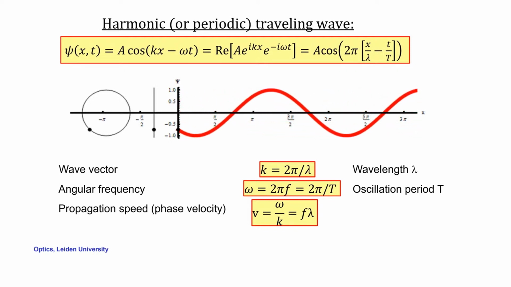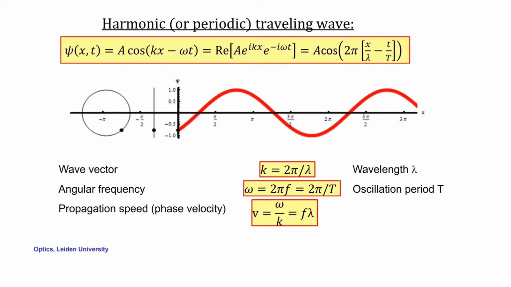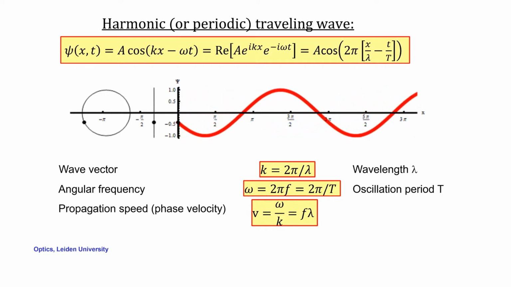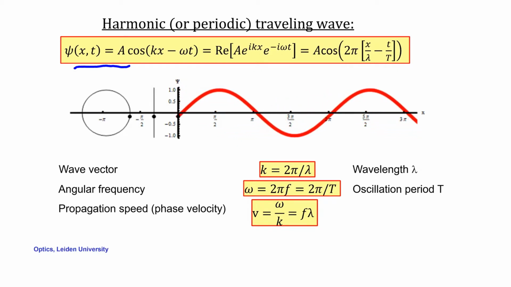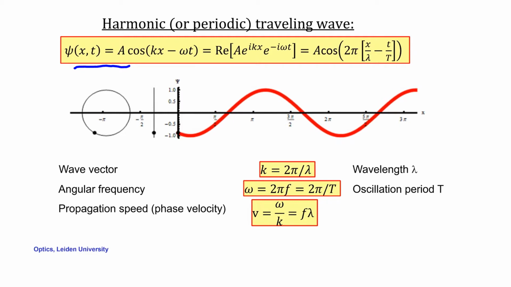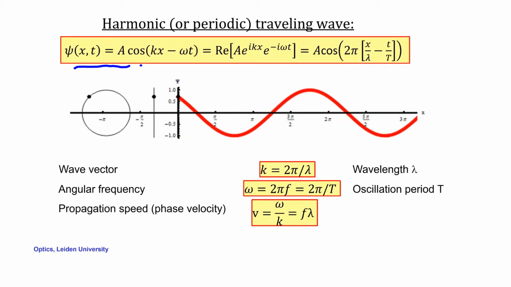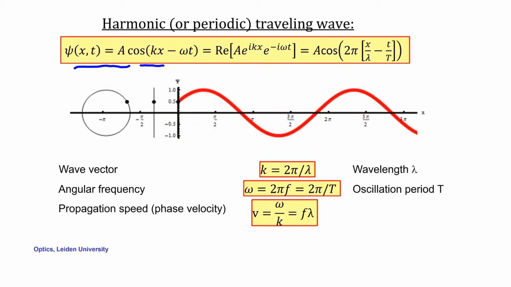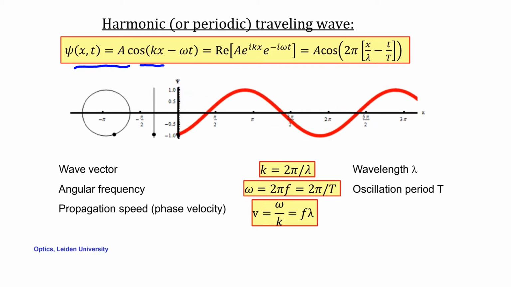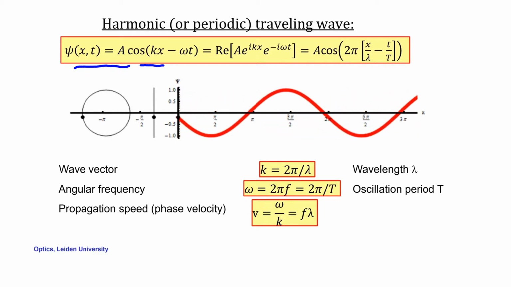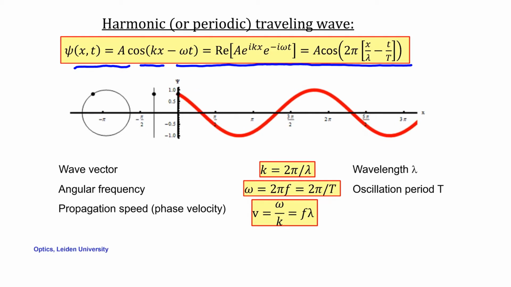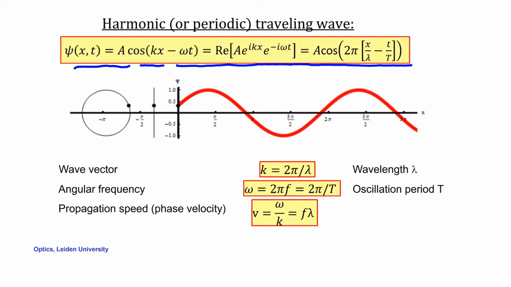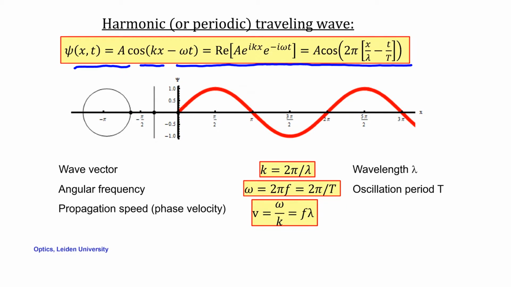And in this movie, you clearly see the link between, on the one hand, uniform circular motion, on the other hand, the harmonic oscillation, which basically is a projection of the circular motion, and finally, the harmonic traveling wave, which is like a harmonic oscillation that moves away in space.